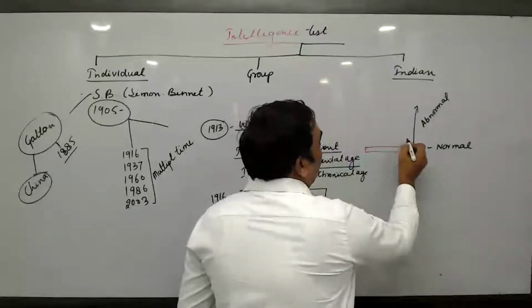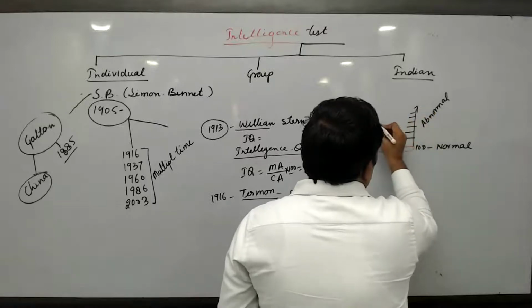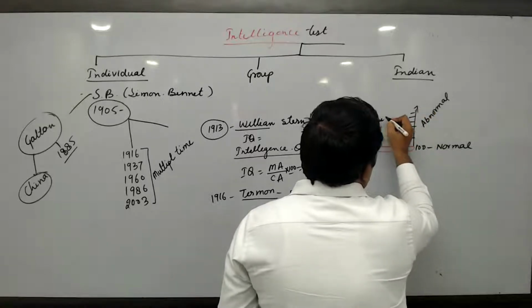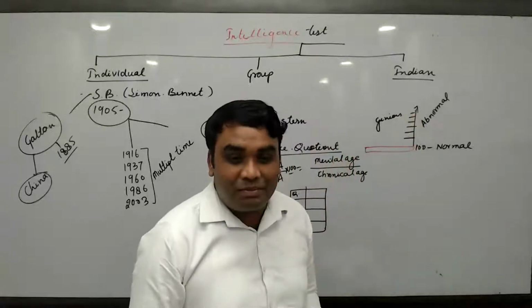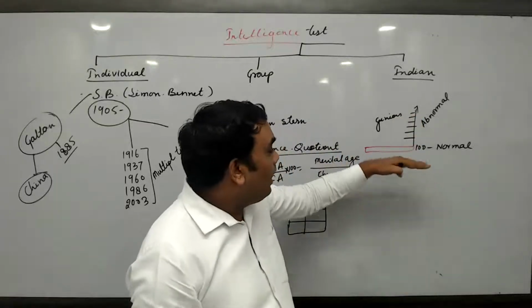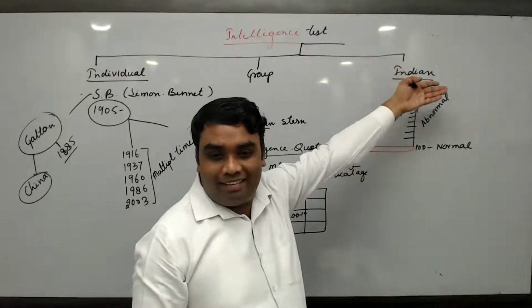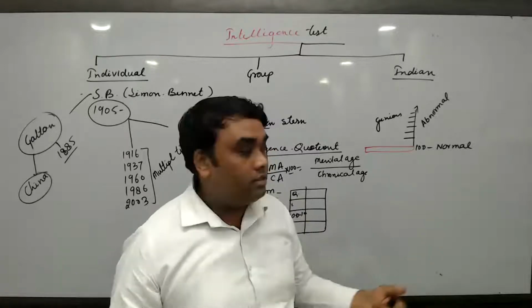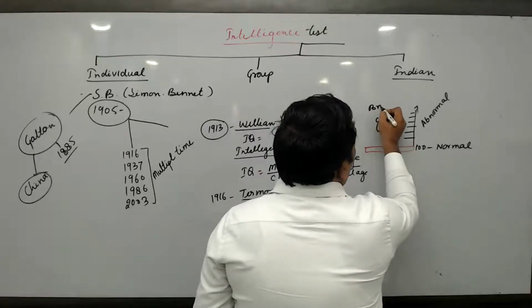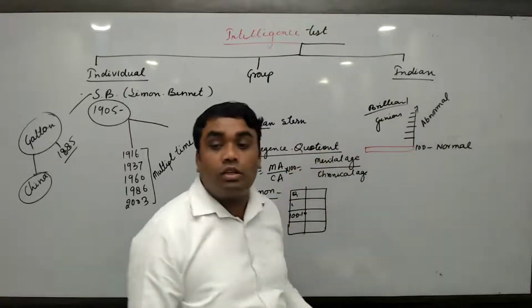If someone goes above this level, the person has geniusness. This is the IQ table concept. Someone whose IQ is above 100 is also considered normal, but not abnormal. Why? Because he's a genius, he's brilliant. Due to their brilliance, it is not a normal mind.